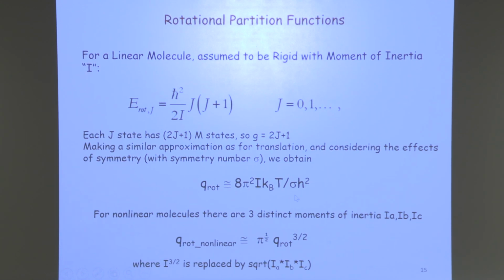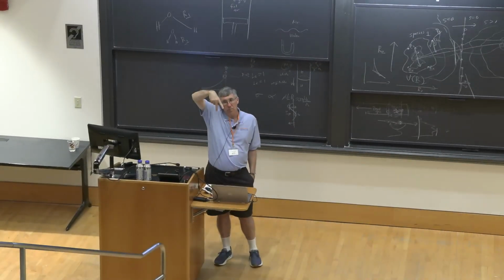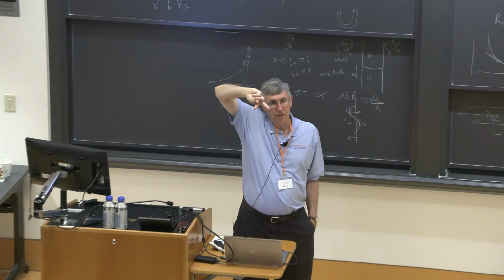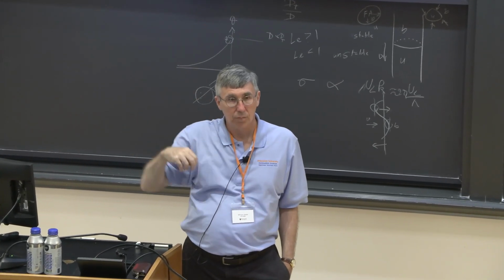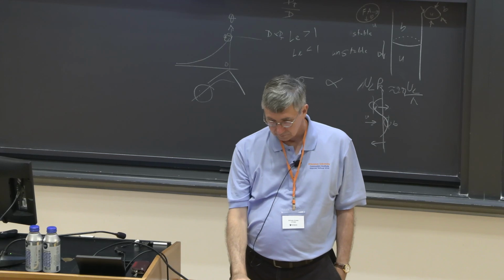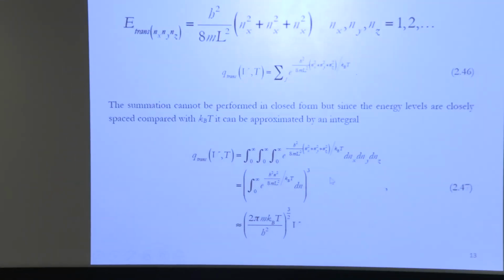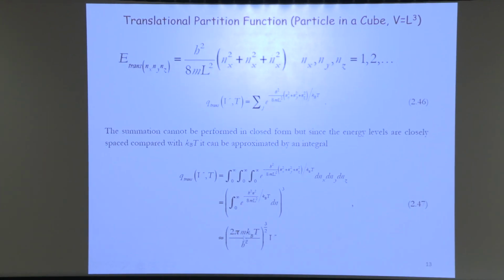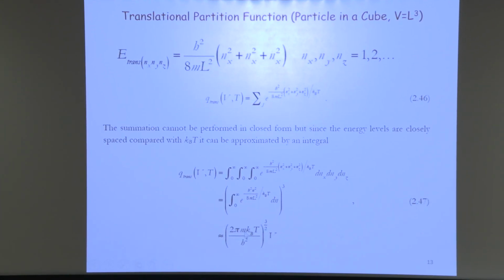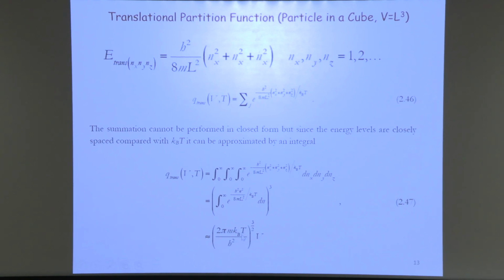And there's a little complexity in it. There's a thing called a symmetry number. So for example, when water rotates, some of the rotations make it look just the same because you interchange the two H's. And so because of that, there's a symmetry number of 2 that shows up in the formula. So that's what the sigma is. But otherwise, this looks a lot like the formula that we got for translation. You can see you have 2 pi times mass times kBT over h squared.